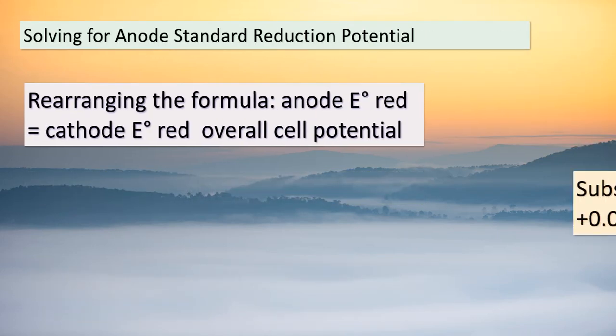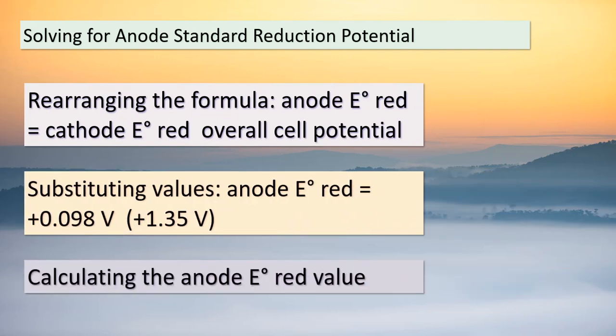Great work, students! Now, let's put our formula to the test and solve for the anode standard reduction potential. We'll rearrange the formula we discussed earlier. Anode E°red equals cathode E°red minus overall cell potential.